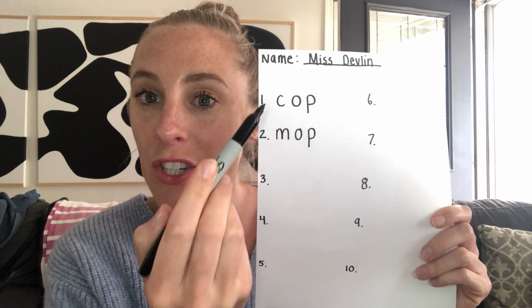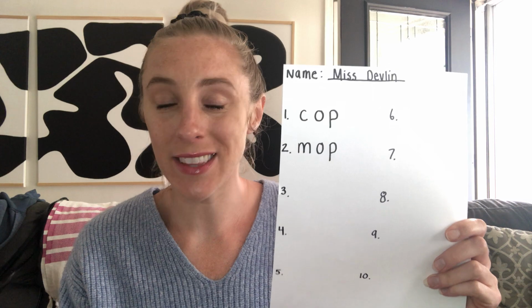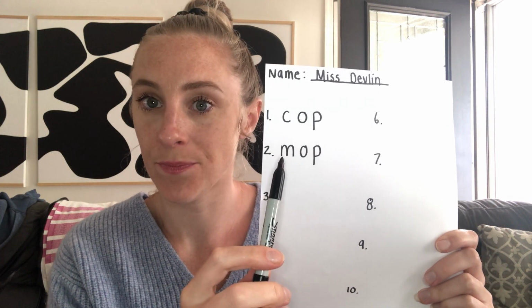If you said first sound, you are correct, because in the word mop, the first sound changes to the m sound. So go ahead and write that. M, ah, p, mop. Notice that we only changed one sound.